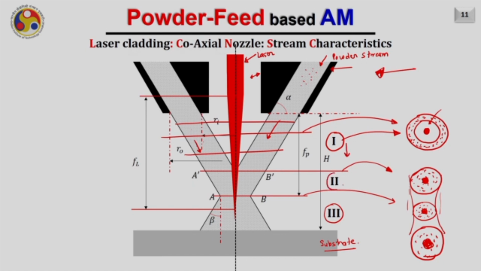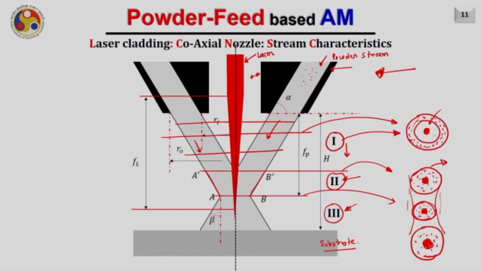Further, when you reach zone number 2, the empty region is completely gone, and the stream of powder particles keeps on converging. So, this is the converging zone, zone 2. After attaining the minimum diameter of the powder stream, it will again start diverging, and that divergence will occur in zone number 3. So, the intersection of zone number 2 and zone number 3 is nothing but the focal point of the powder stream.